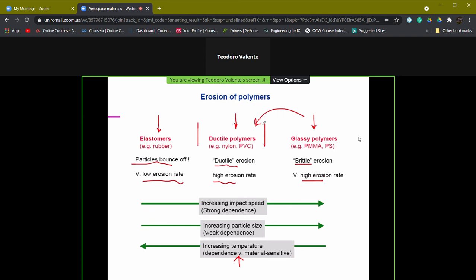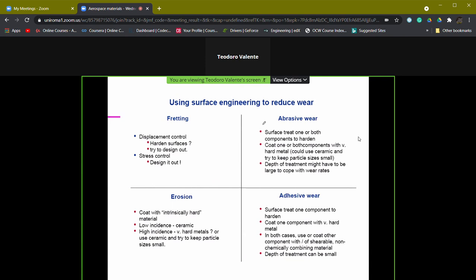This is the case for thermoplastic materials that show, as mentioned before, a glass transition temperature. Thus, what can we do to reduce wear?